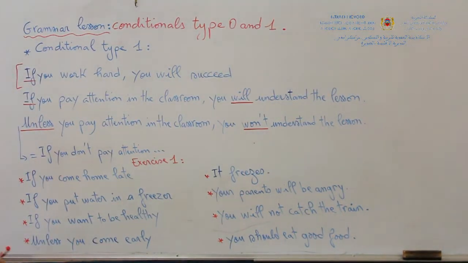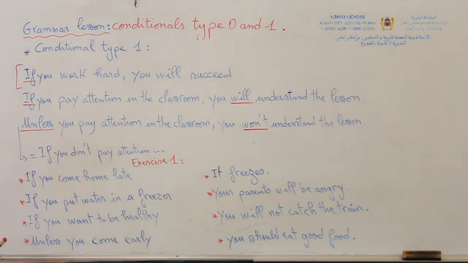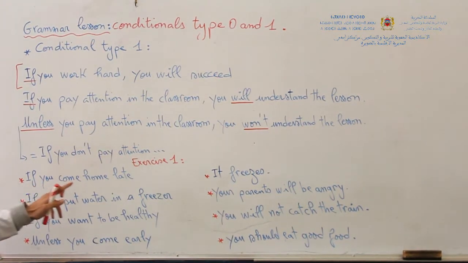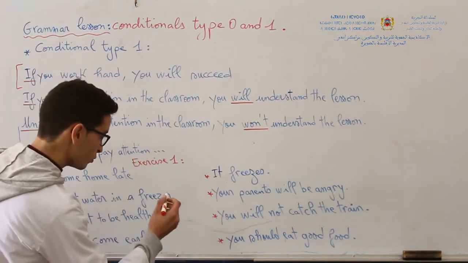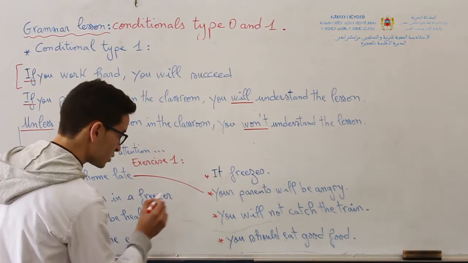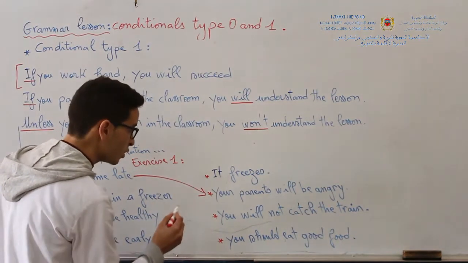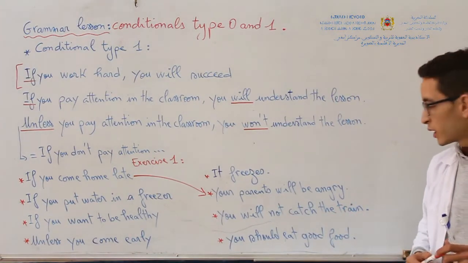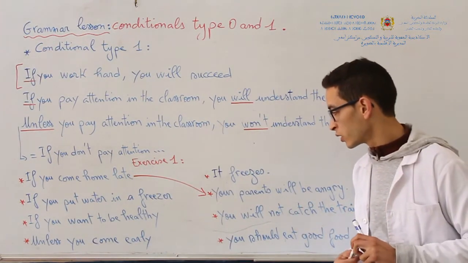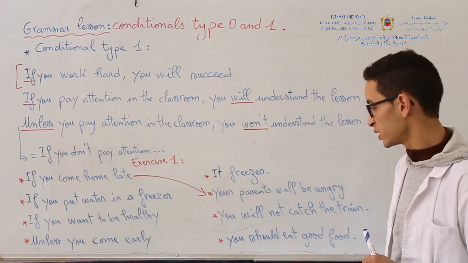Okay, I hope you've done the exercise, all of you. Now let's see the answers. If you come home late, your parents will be angry. So this is a case for a kid, for example, or a child with his parents.